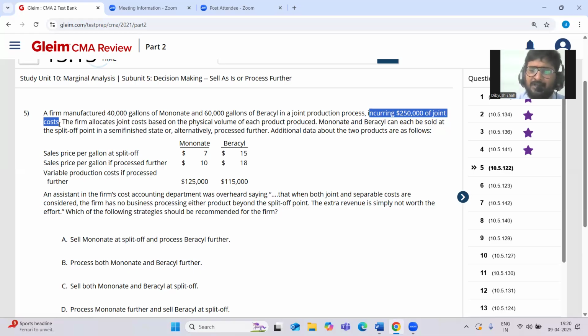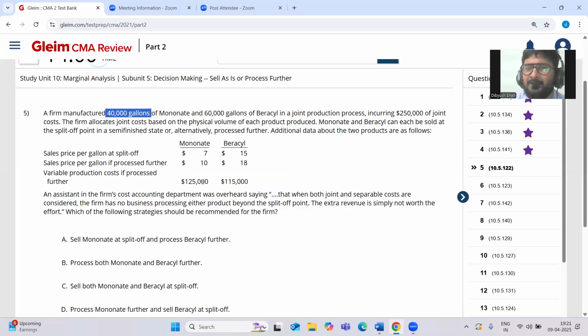We will recommend based on the decision of incremental profit. So for Mononet, final selling price is 10, selling price per unit at split off is 7, so I'm getting 3 extra per gallon, and I have produced 40,000 gallons of Mononet. So for 40,000 gallons, I will get $1,20,000 extra.